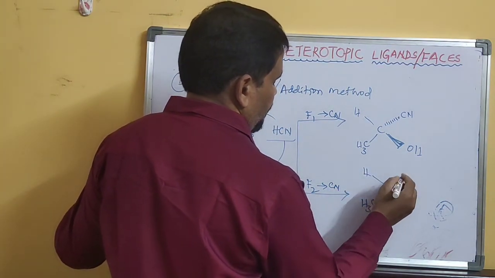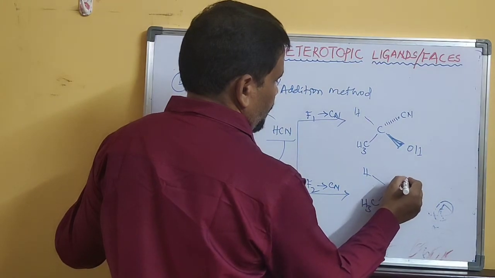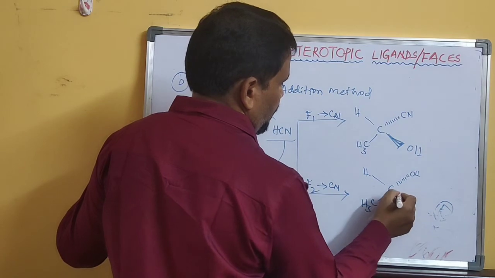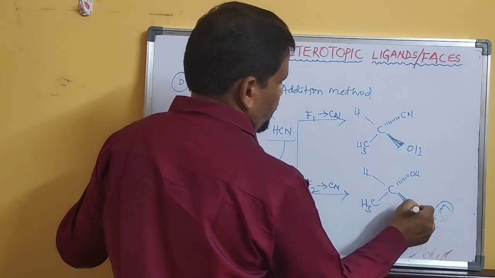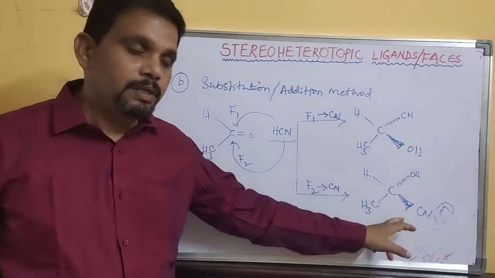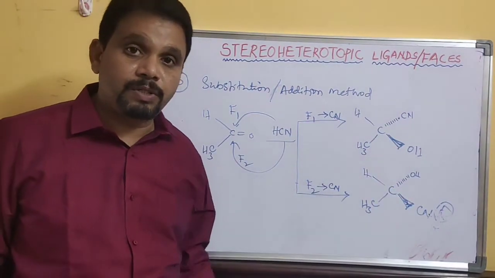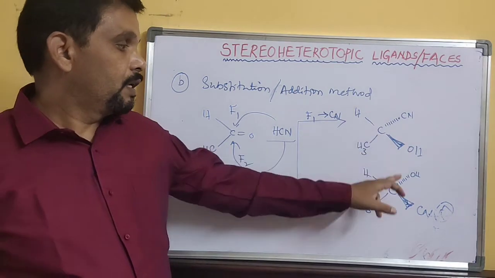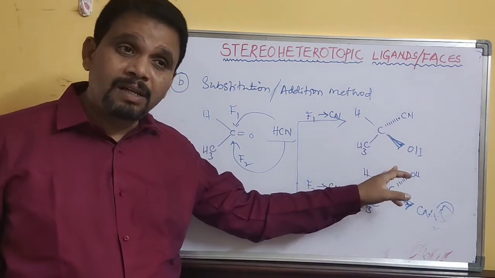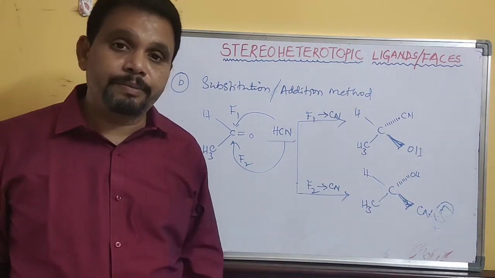CH3, OH, CN. So both the products, both the isomers, are enantiomers. They are non-superimposable mirror images.